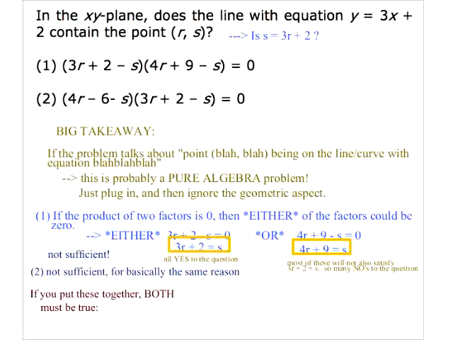okay. Both of these statements have to be true. The first statement is this: either 3R plus 2 equals S or 4R plus 9 equals S. And this. Okay, we need to make both of these true.